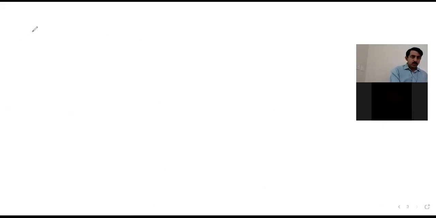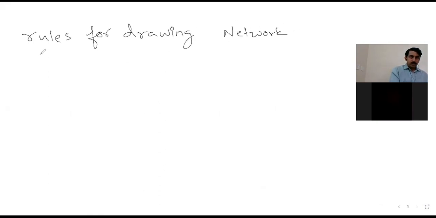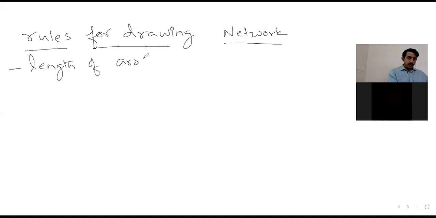Next are the rules for drawing a network. So what are the different rules here? As I said just a minute before, the length of the arrow does not have significance.